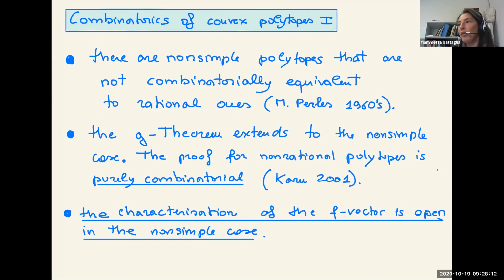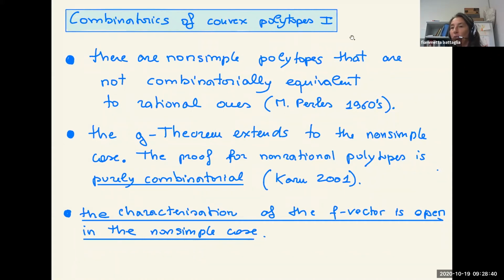For rational ones, one can again consider the interplay between polytopes and toric varieties. In the non-rational case, there are no toric varieties corresponding to non-rational polytopes. So the proof that was given by Karu in 2001 was purely combinatorial, and this is still the state of the art.